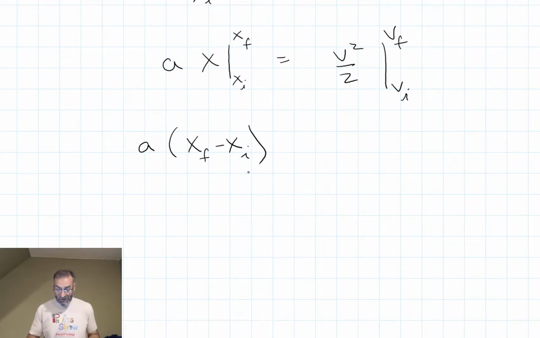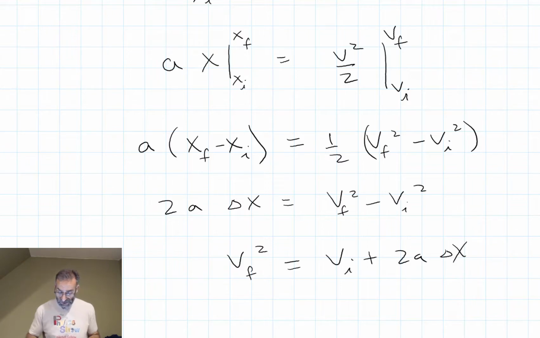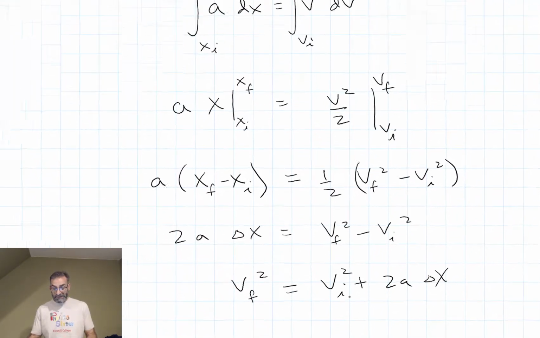On the right side of our equation, we're going to get 1/2 v final squared minus v initial squared. Bringing the 2 to the other side, writing x final minus x initial as delta x, you can see we get equation 2.